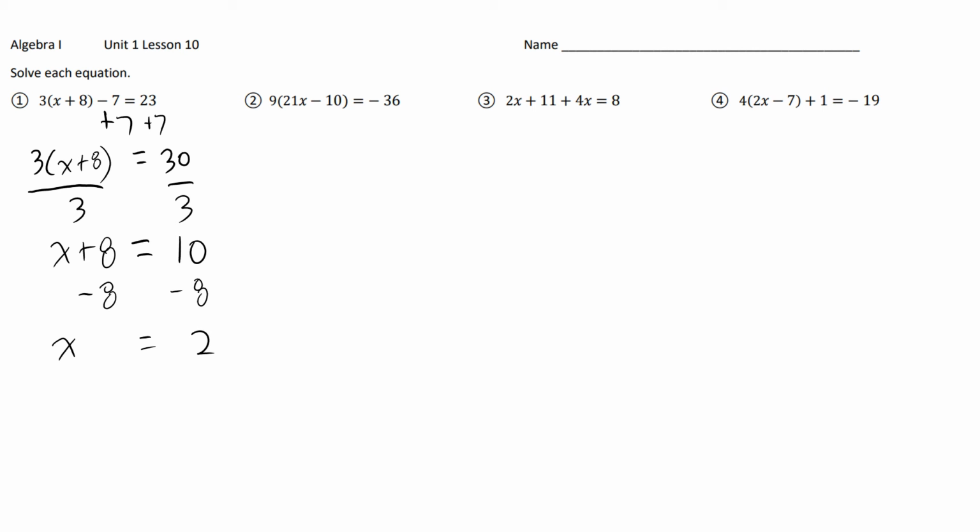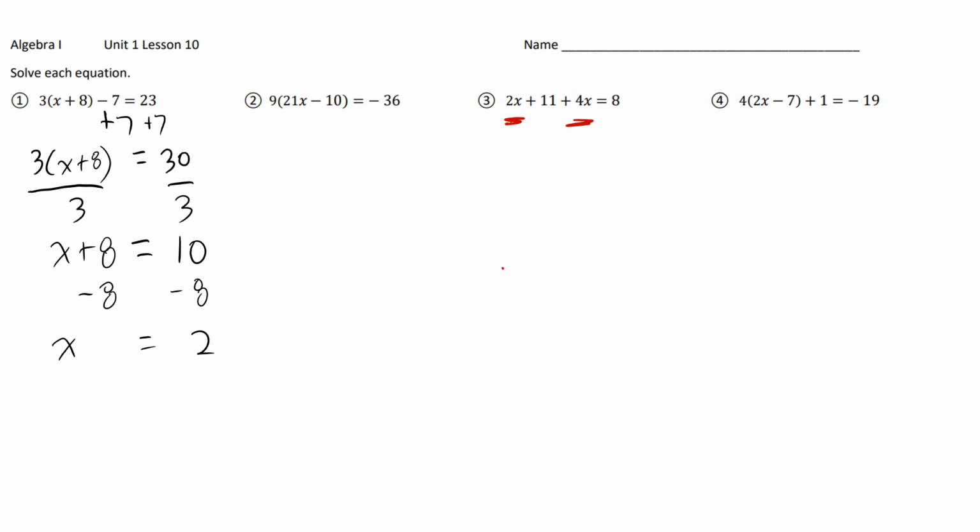Now, I'm going to move on to number 3, because number 3 is a little bit different. Notice on question 1, there was only one x in the equation, and so I could just undo the order of operations. But when I get to number 3, I notice that I've got an x in more than one location.